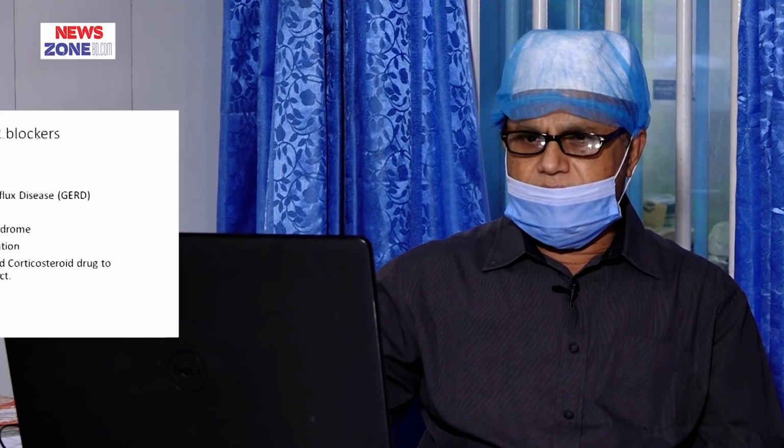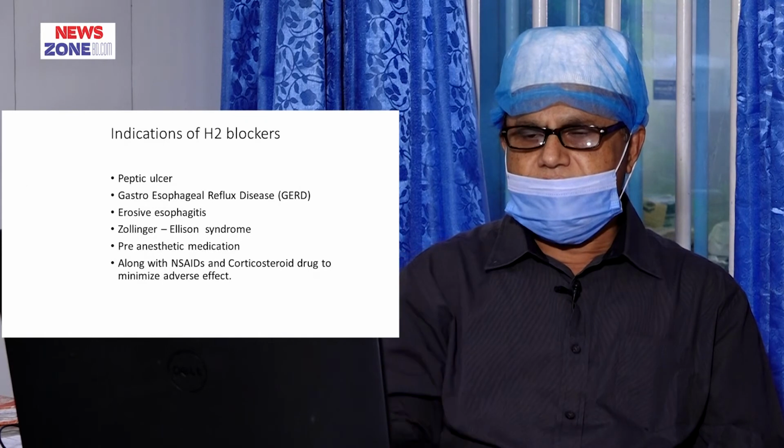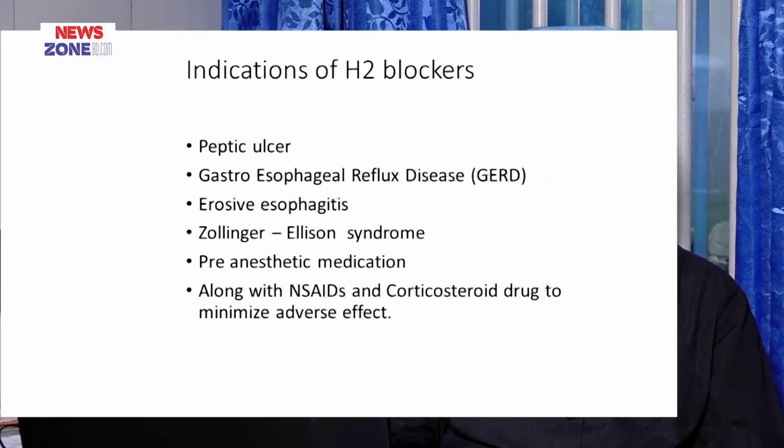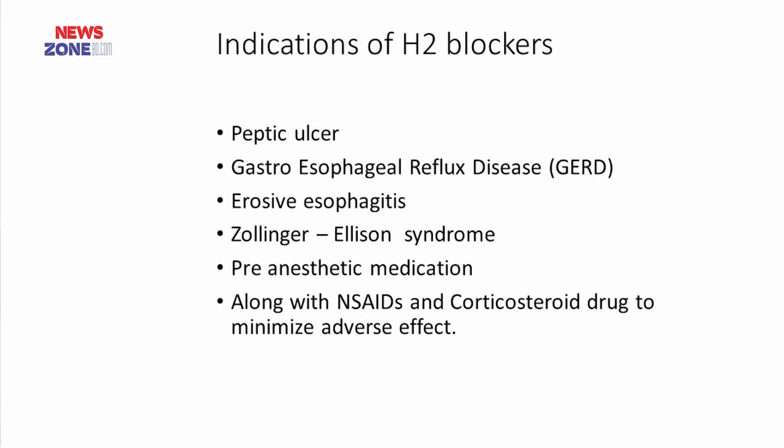Indications of H2 blockers: peptic ulcer disease, gastroesophageal reflux disease GERD, erosive esophagitis, Zollinger-Ellison syndrome. H2 blockers are also used as pre-anesthetic medication, and along with NSAIDs and corticosteroid drugs to minimize adverse effects.